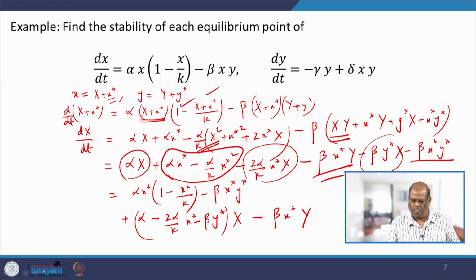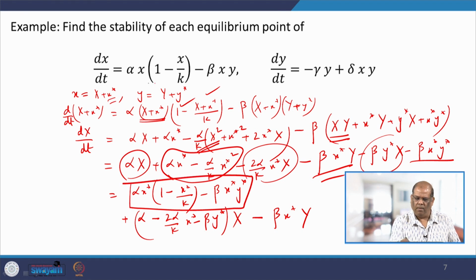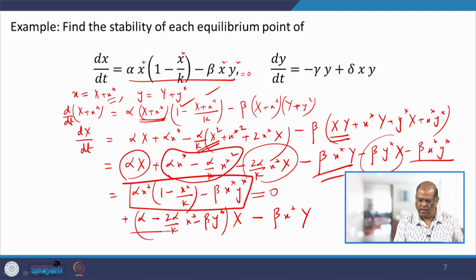Now if you look into this term, this is nothing but this term where you put x equal to x star and y equal to y star. And since x star y star is the equilibrium solution, obviously this is going to be 0, and hence this term is equal to 0. So, you are left with this and this.